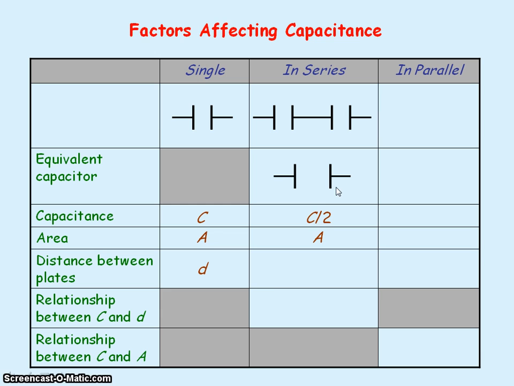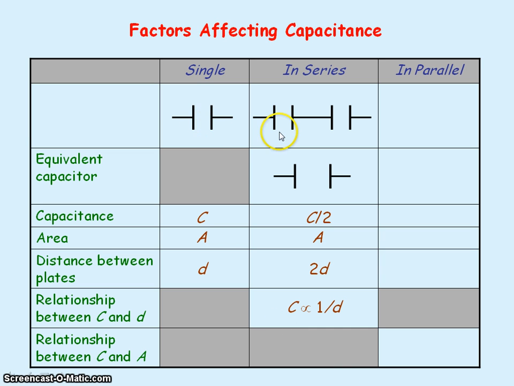However, the distance between the plates has doubled. So we have half the capacitance but double the distance. So the relationship between capacitance and distance between the plates is inversely proportional.